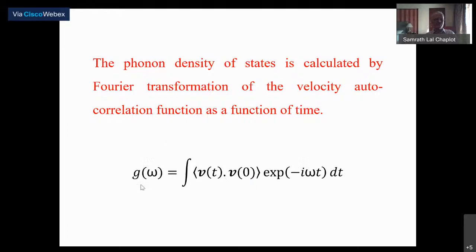Then the power spectrum, which is a classical power spectrum or frequency spectrum, is directly related to things like the phonon density of states. But it is also related to the diffusion. So this is just the frequency distribution of the atoms in your simulation.